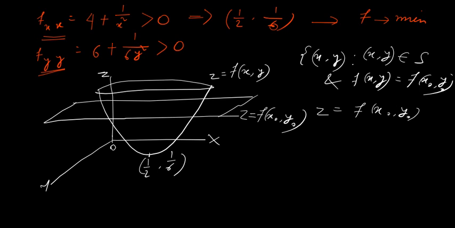And this plane cuts this graph z equals f(x, y), then there will be a curve. If you take the projection of this 3D graph in a 2D plane, then it looks like this.